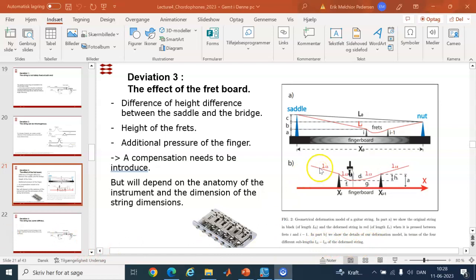You can see it here, Li1, Li2, Li3, I think it's Li1 and Li2 and Li3 and Li4.